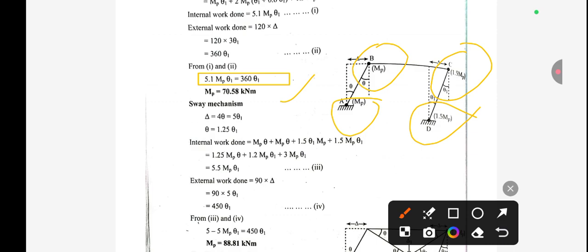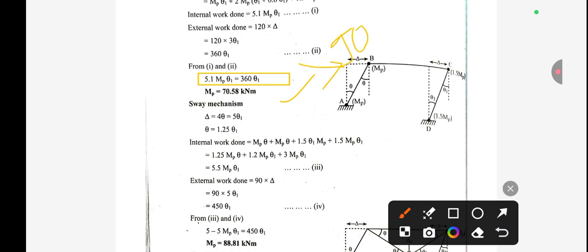Okay. So now you can see here we have two different work done, that is internal work done and external work done. So if you talk about the external work done, we have to just multiply the delta by the load applied over here. You can see here, the load applied is 90 kN. Okay. So 90 into delta. So you can see here external work done equal to 90 into delta, only that much. And the value of delta in terms of theta 1 can be calculated.